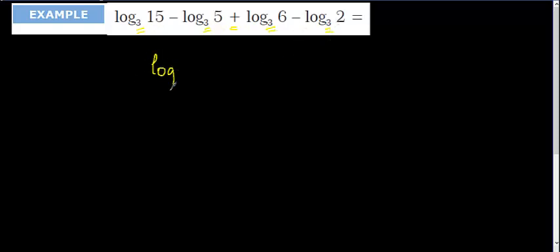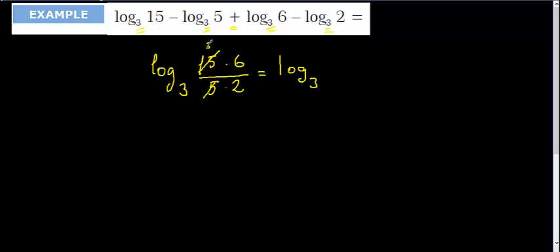So logarithm base 3 of 15 times 6 over 5 times 2, since the minuses go to the denominator.